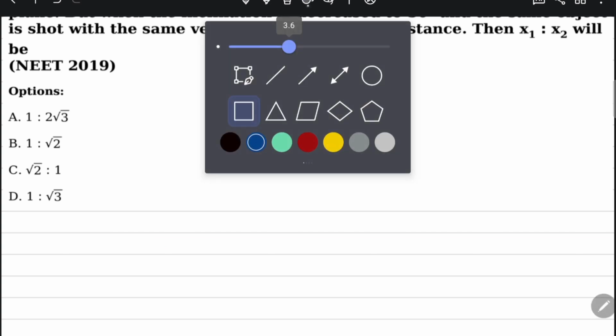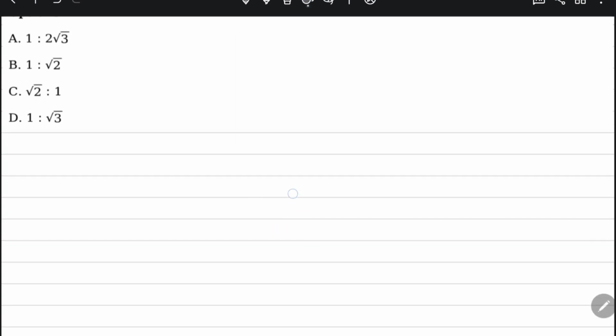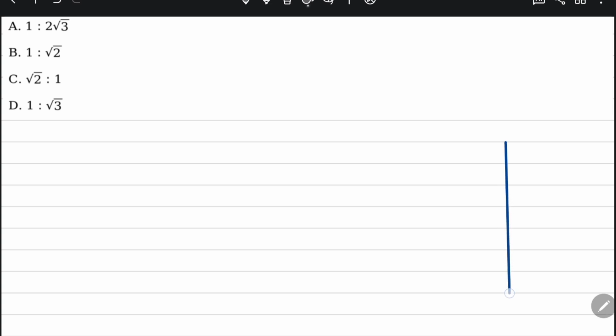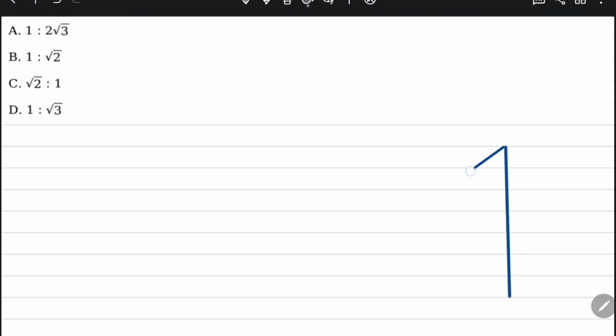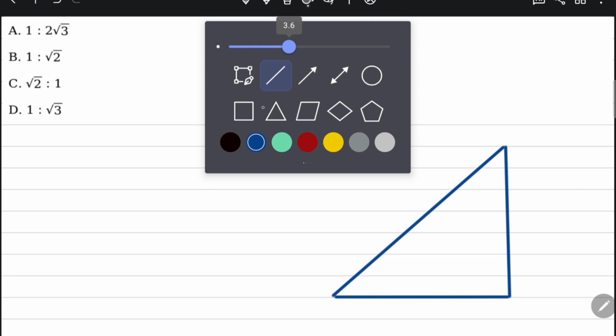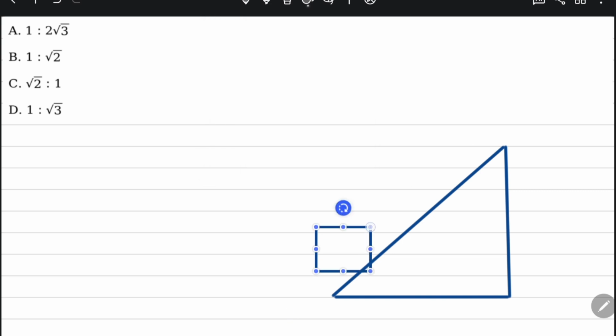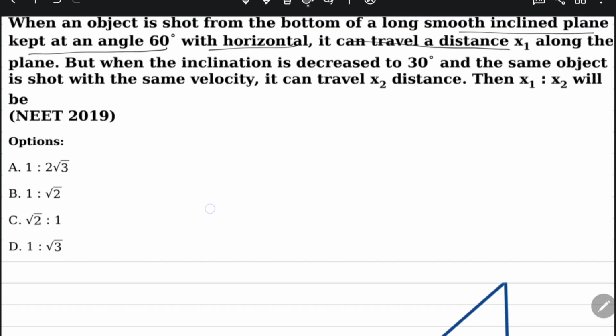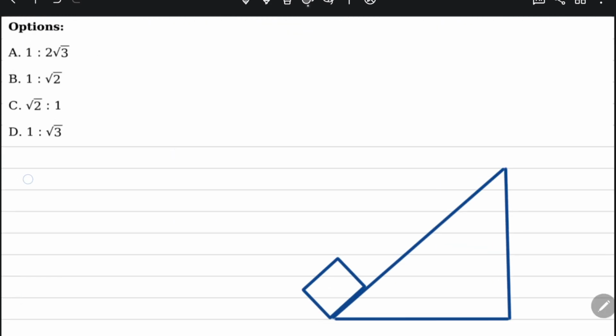So let me explain with the diagram what the question is telling. This is our inclined plane, right? So on this inclined plane, there is an object at the bottom, right? And they have given two cases.